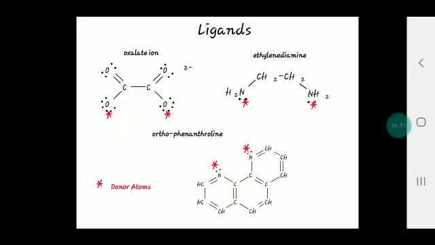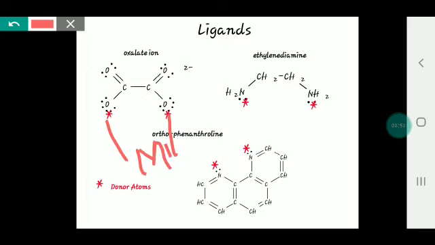Now we'll see the structure of the oxalate ion. The star mark indicates the donor atoms or donor sites through which it can bind with the metal atom. This is how they bind with the metal atom; they donate their electrons to the metal atom.